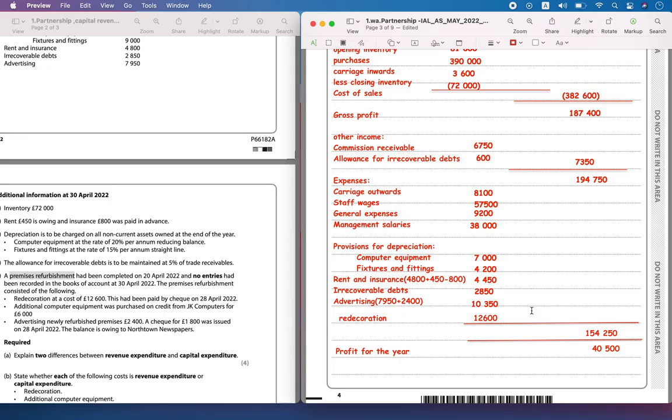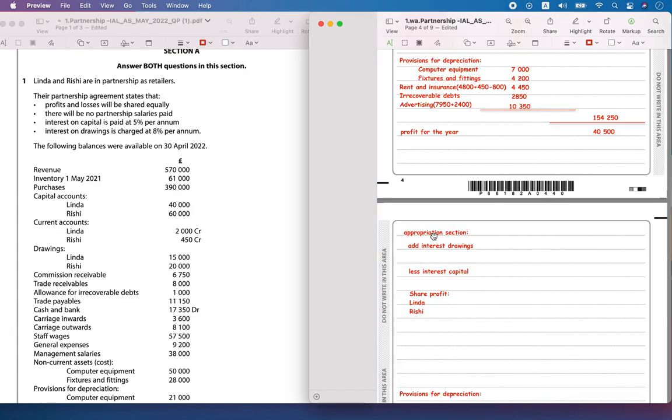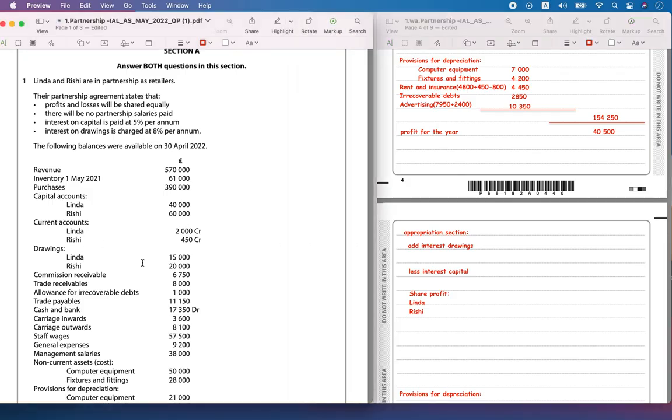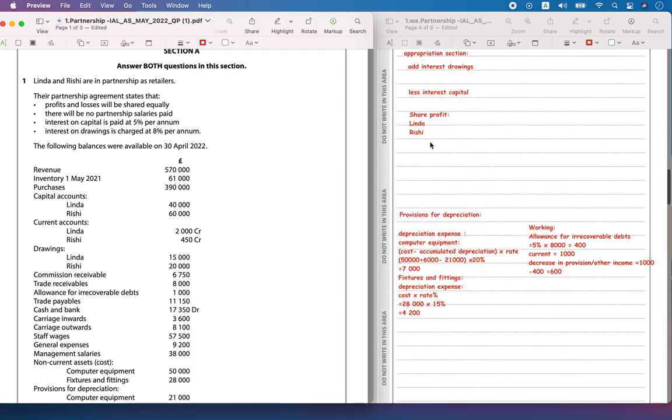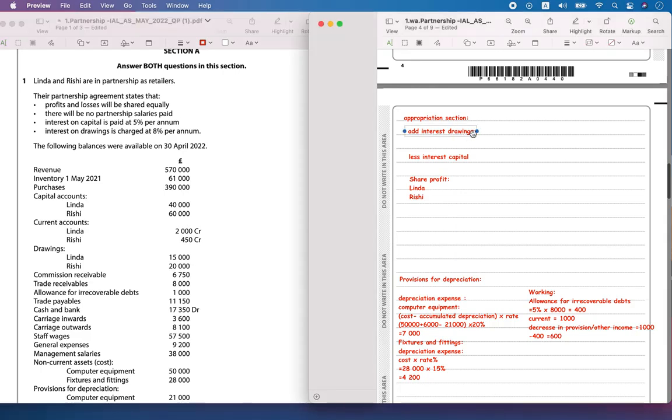Next we have to prepare the appropriations. Now let's prepare the appropriation section. First, let's add the interest on drawings. The drawings are 15,000 for Linda and Rishi.